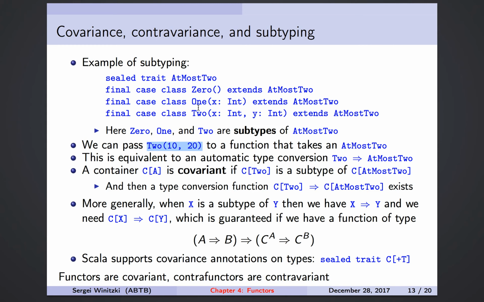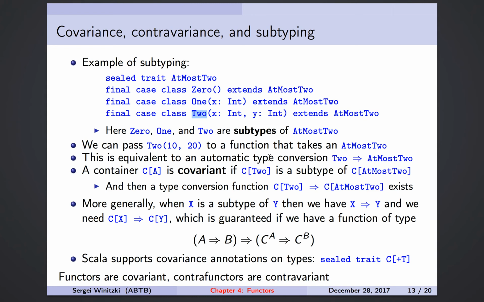So this function going from 2 to at most 2 is the identity function. It just relabels the type because there's nothing to convert in this case. This class is just an instance or a subtype of that. But logically speaking, they're different types. So this type is different from this.